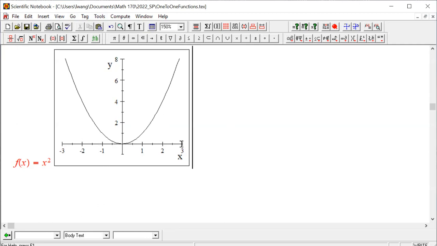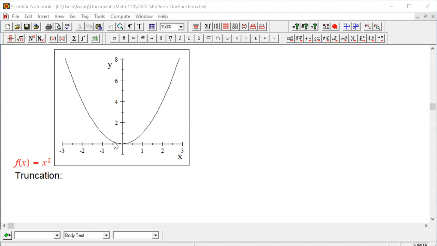Sure, this function doesn't have that one-to-one property, but I really do want to have a one-to-one function. So what do we do? There's something called truncation. What is truncation? Truncation means that we're going to modify the function. How do we modify this function so that we make it one-to-one?